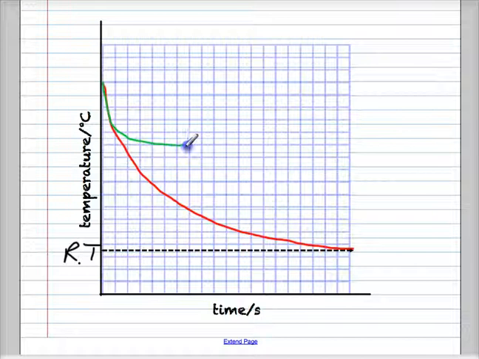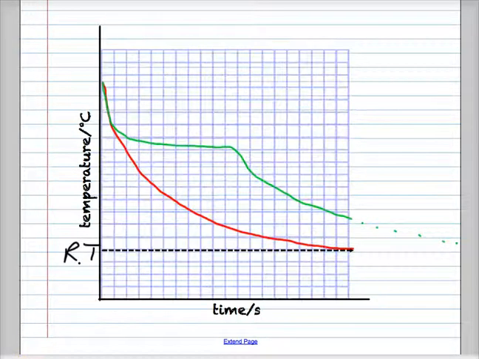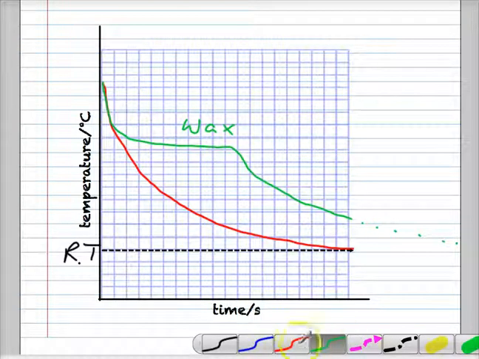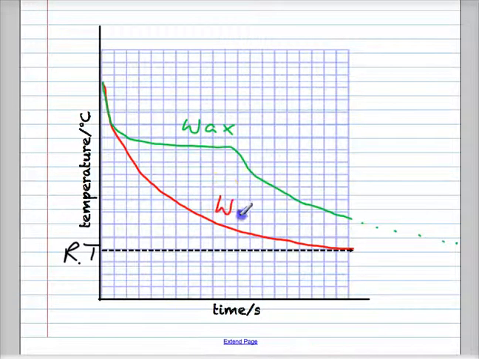Its rate of cooling slows down, and it may even stop cooling for some time before the cooling starts again. And eventually, after some time, longer than my graph allows, it will again reach room temperature, somewhere over here. So this one is the wax, and the other one water. Big difference.